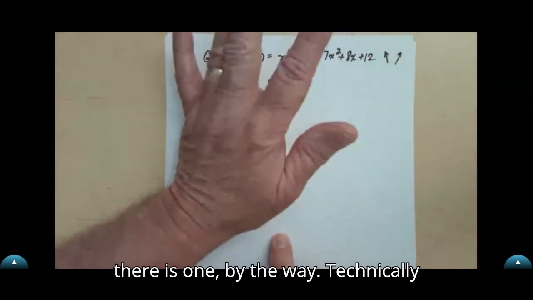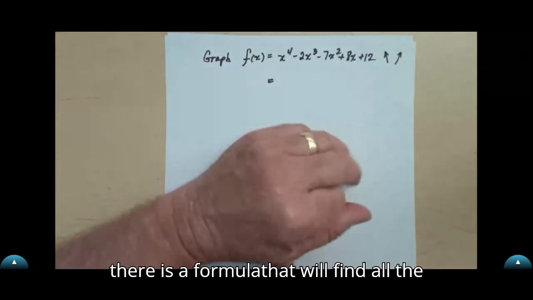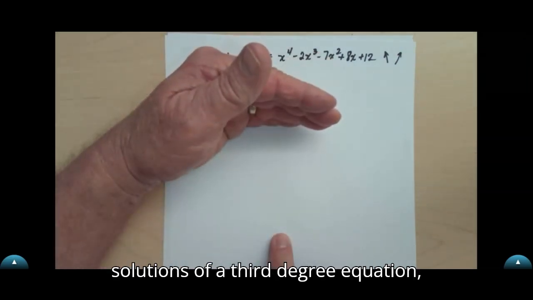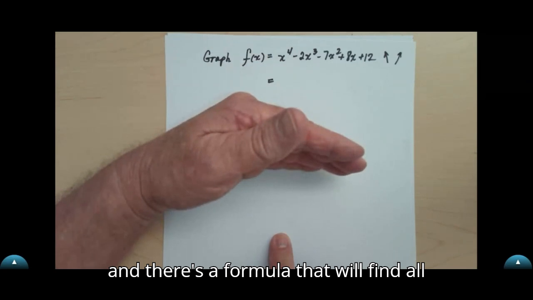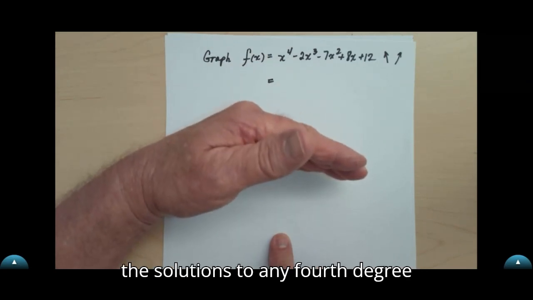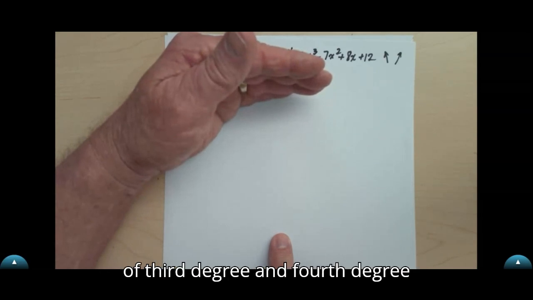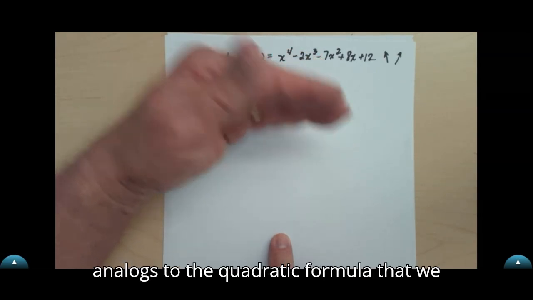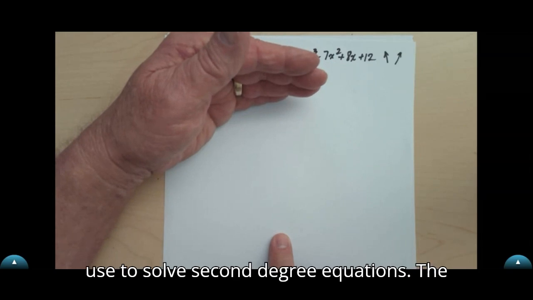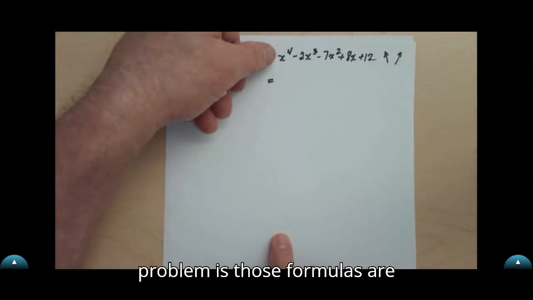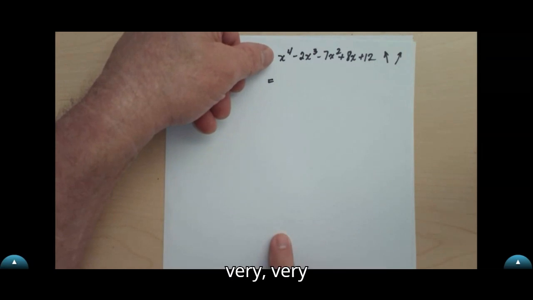Technically, there is one, by the way. Technically, there is a formula that will find all the solutions of a third degree equation, and there's a formula that will find all the solutions to any fourth degree equation. You can think of them as sort of third degree and fourth degree analogs to the quadratic formula that we use to solve second degree equations. The problem is those formulas are very, very difficult.